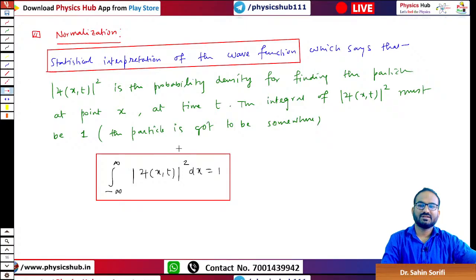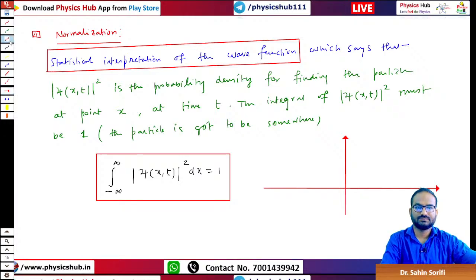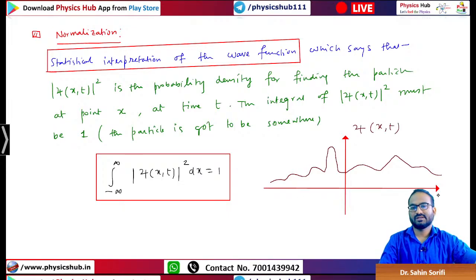You can imagine it in this way: we have the probability amplitude. Let's say mod of psi x,t, this is versus x.